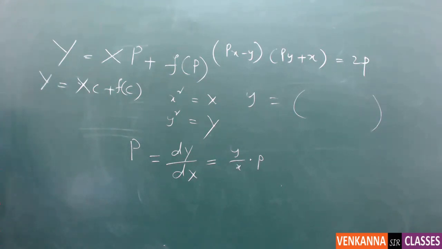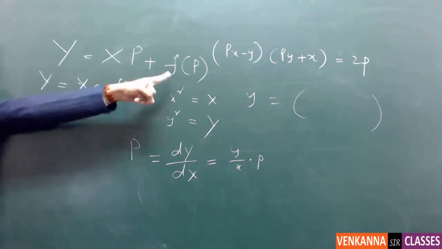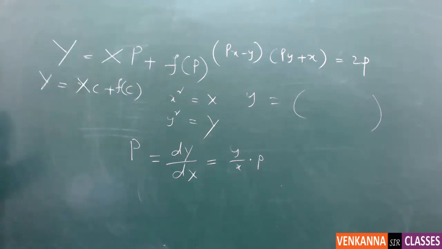So what is the ideology here? If the given equation straight away is not convertible into Clairaut's form, then we are going to use suitable transformations or functions, so that by substituting these functions you are going to get the Clairaut's form in capital Y, capital X and capital P. So by replacing P with C, we have the solution.